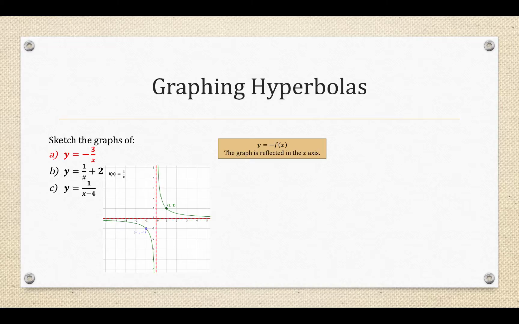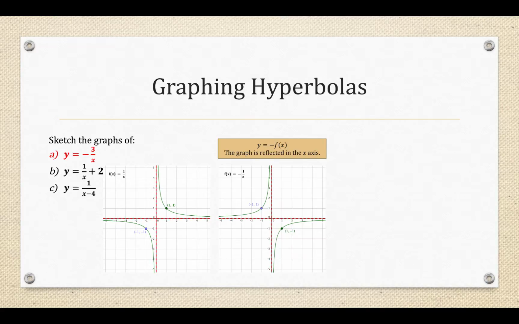Now, if we take any function, multiplying that function by a negative will cause a reflection in the x-axis. So -1 over x will look like this.